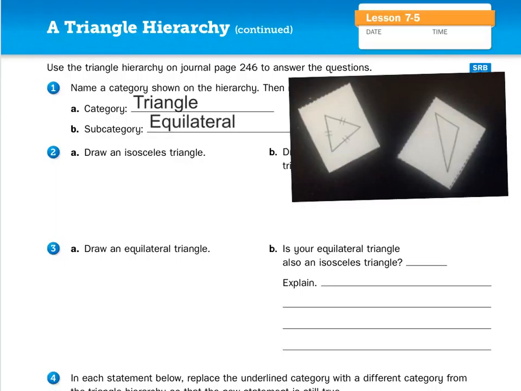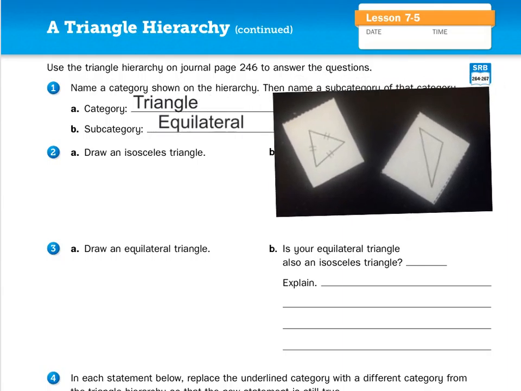Would it fit into the equilateral triangle category or hierarchy? No. What about the isosceles triangle? If I look, there's no tick marks there, so that tells me that the properties of that triangle mean that all 3 of them are not equal in length. So that particular triangle is just going to stay up there in my triangle category.